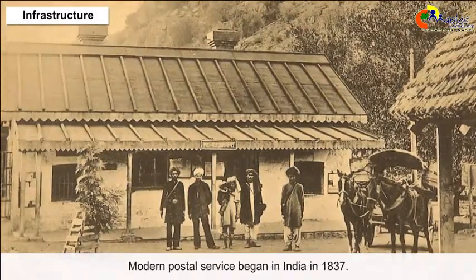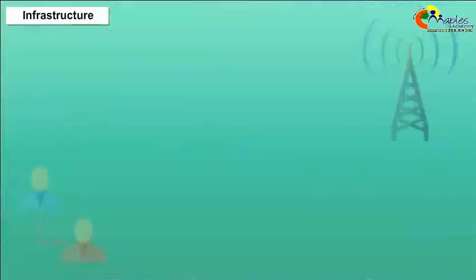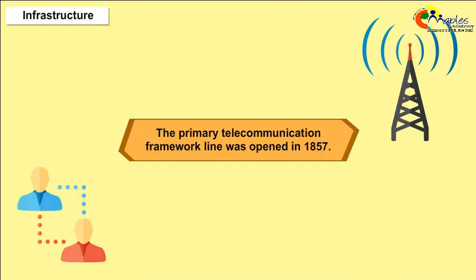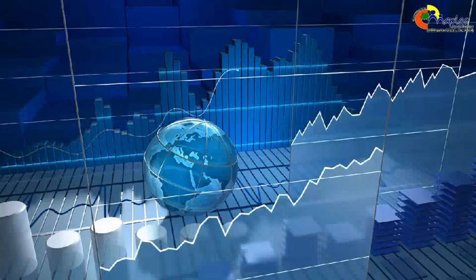Modern postal service began in India in 1837. The first telecommunication line was opened in 1857. The electric telegraph system in India particularly served the purpose of maintaining law and order.